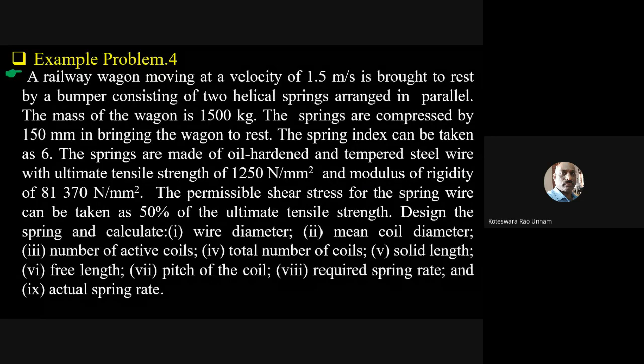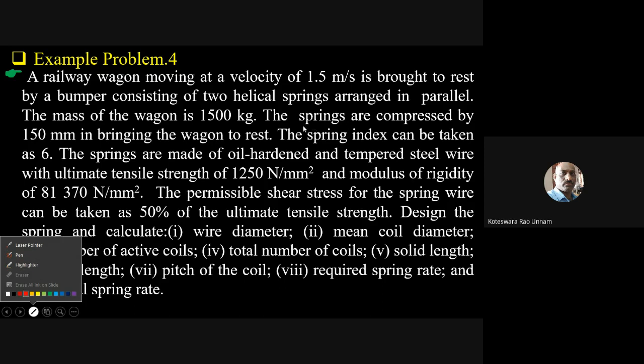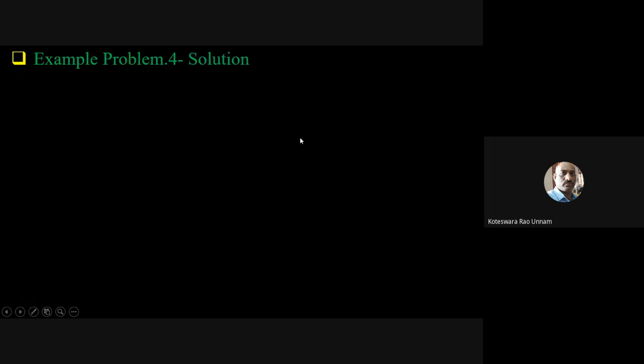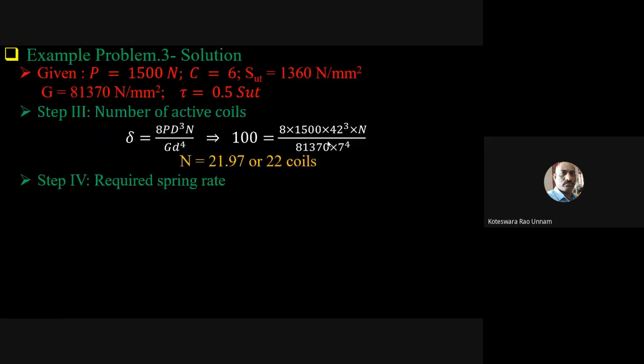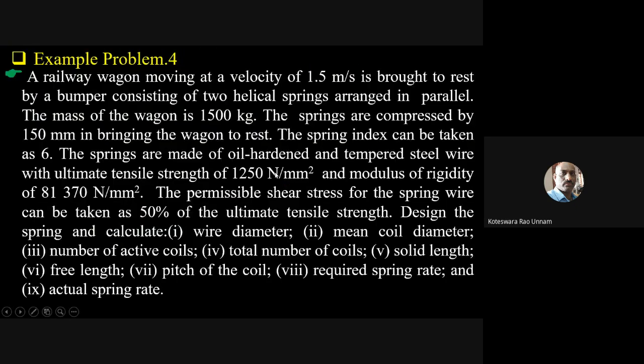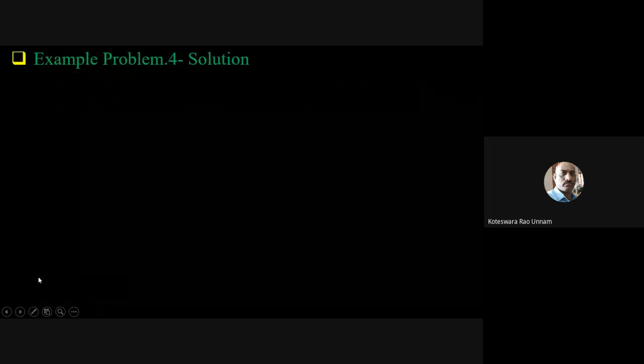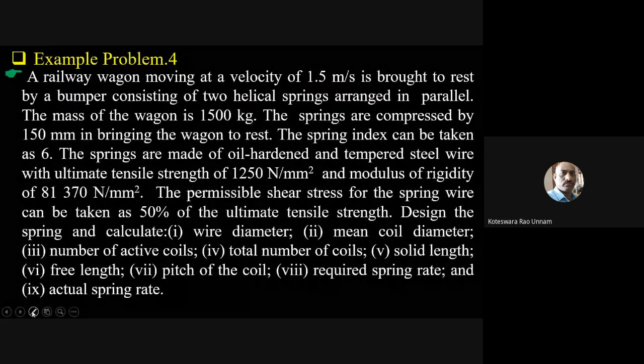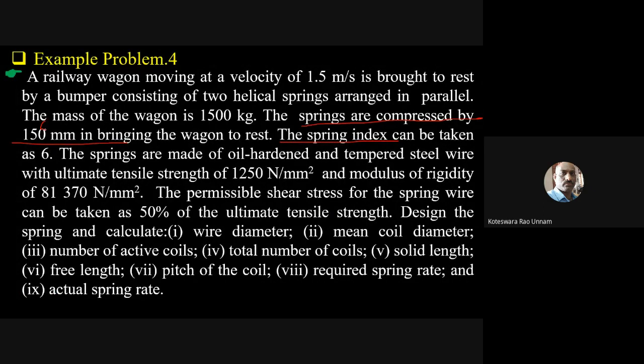In this problem, he has given the delta directly. The deflection in the spring is 150 mm. The springs are compressed by 150 mm, so delta is given, but load is not given here.